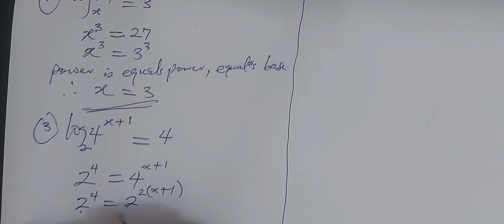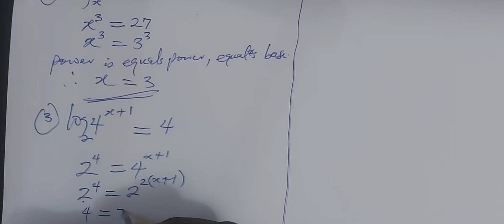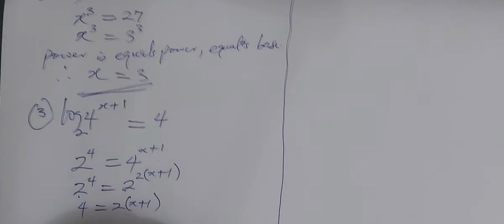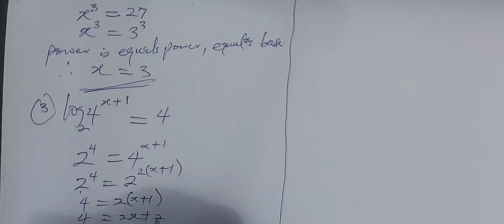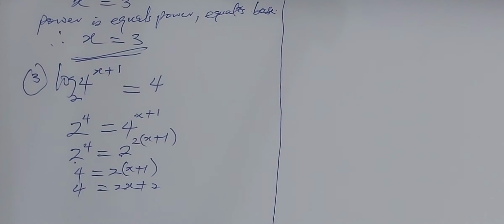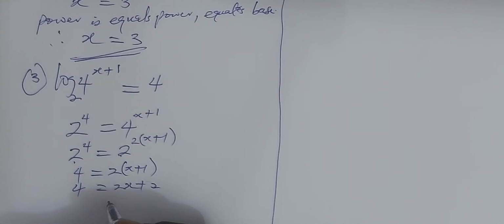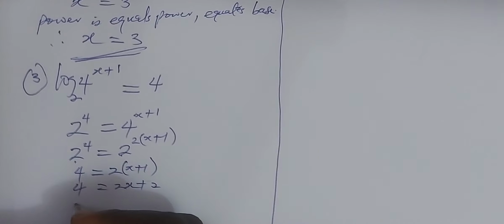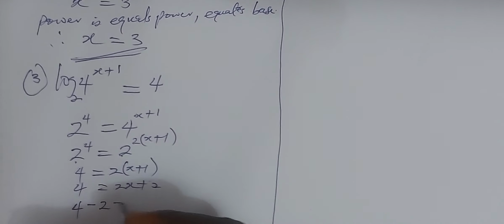Base equals base, equate the power. So 4 equals 2 times x plus 1, which is 4 equals 2x plus 2. Now we collect like terms, bring this back, which can be written as 4. If plus is crossing, it changes to negative. It's equal to 2x.